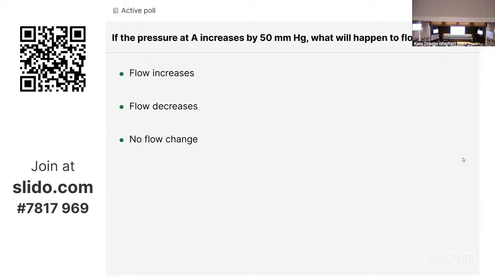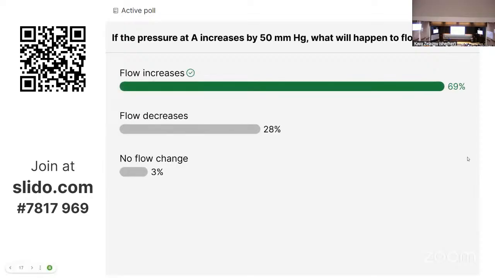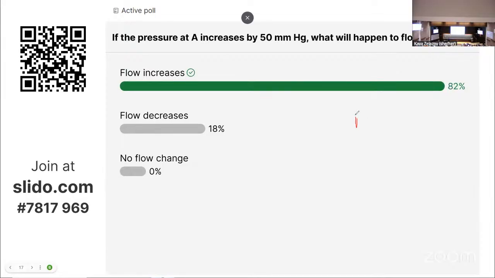Let's take a peek. Yeah, in this case, we're going to see an increase in the flow. We know our flow is our difference in pressure divided by our resistance.